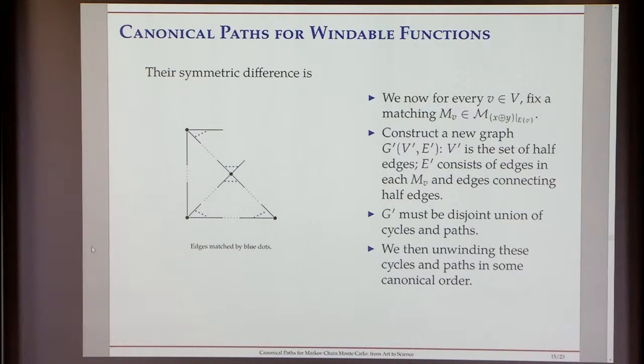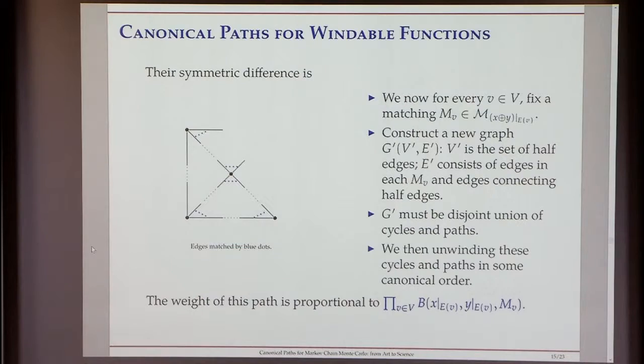So in this way, for each fixed matching M on each vertex, we can define a way of routing from X to Y. And the weight of this canonical path is just the product of the b values. Remember, these b values are the values witnessing that each vertex v is windable.